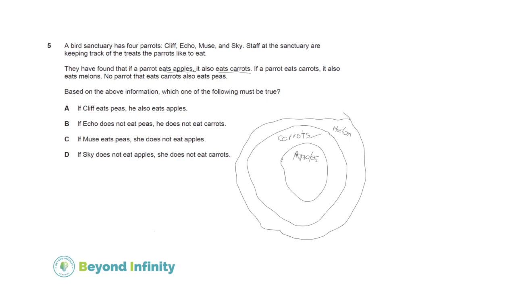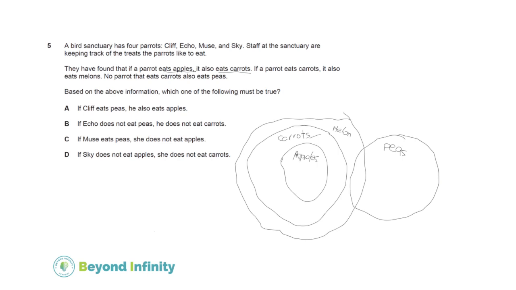Now, finally, no parrot that eats carrots also eats peas. So the pea circle would be somewhere here, right? There's nothing about whether a parrot which eats peas does or does not eat melon. So we'll assume that some of them do, and therefore there's an overlap.